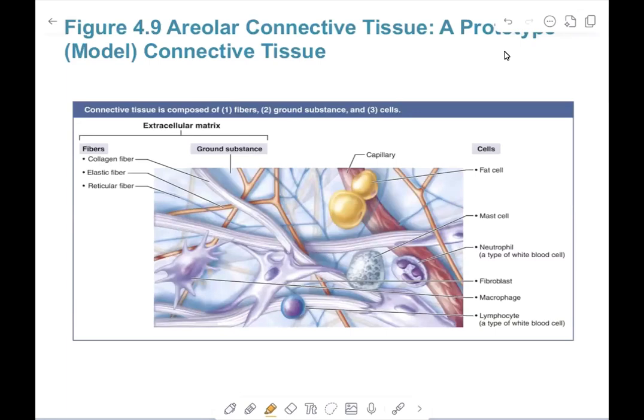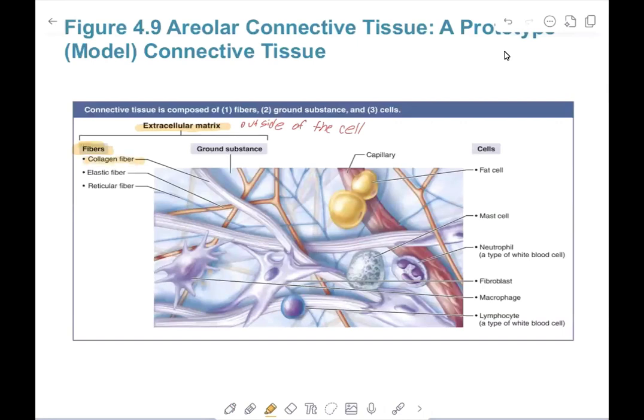When we consider connective tissue, there are three major parts to it. First of all, there is an extracellular matrix, which is what is found outside of the cell, as the name implies. The extracellular matrix is made up of two substances, the first of which are fibers, and these fibers come in three different types.